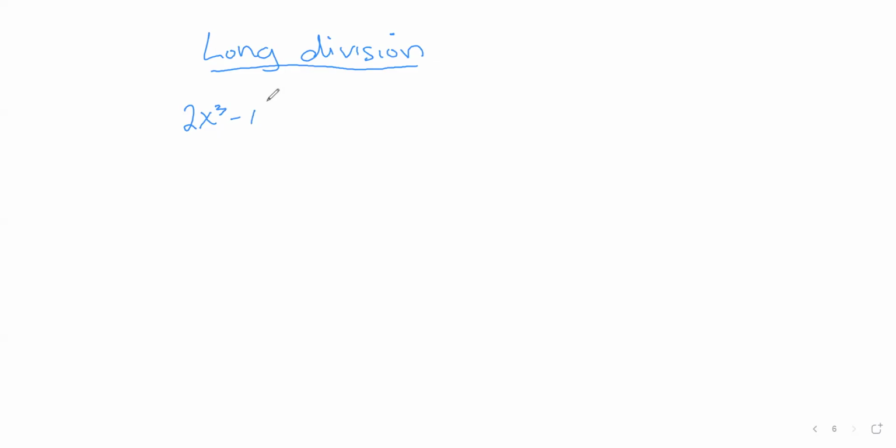I'd like to use a much more straightforward example before we go to the more complicated ones, such as x squared plus 5x minus 3 divided by x plus 5.